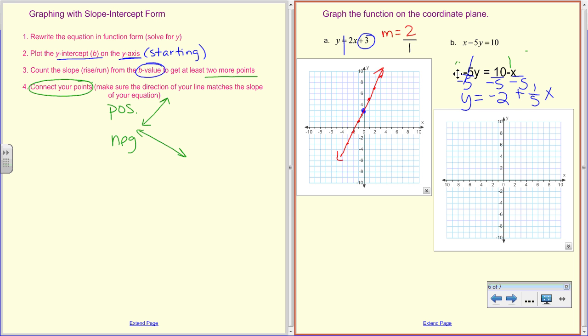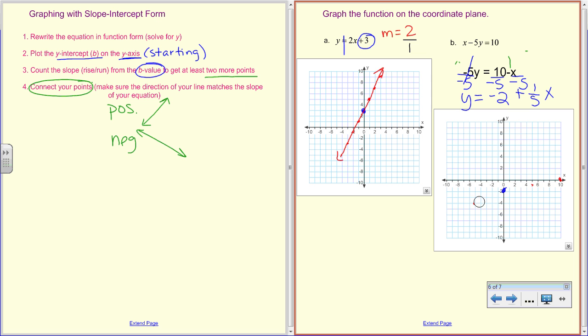Cheyenne, where am I going to start my graph at? Good job, guys. It doesn't matter what comes first or second. The b value is always the constant, so start at -2. It's a positive slope, so I'm going to count up 1 over 5, up 1 over 5. That kind of makes my entire right-hand side, so now I'm going to go down 1, and I'm going to go back 5.